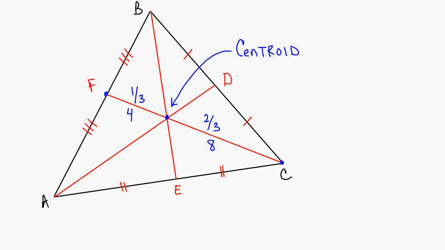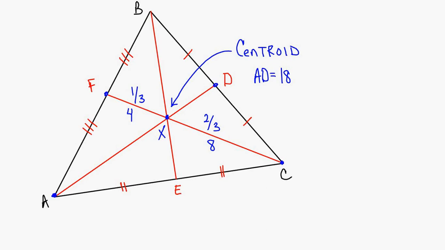Okay? So let's call this in here X. So if you're told that AD is equal to 18, look where AD is. A to D, that's the whole median, right?